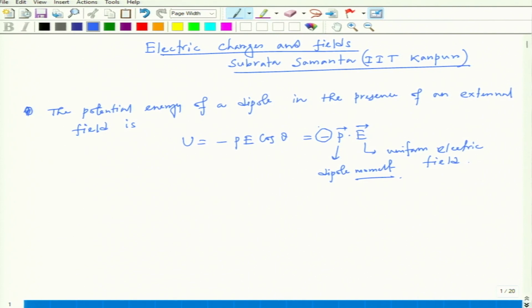This negative sign means that when the dipole is parallel to the electric field, the potential energy is minimum.